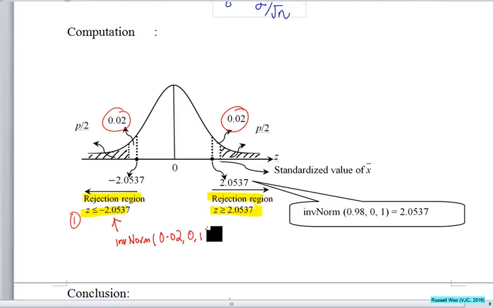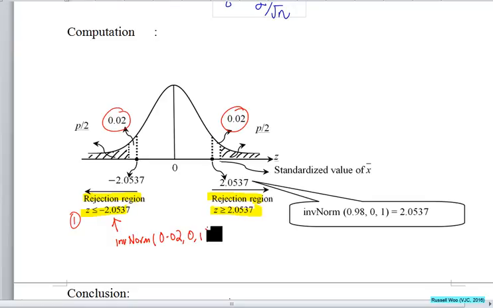So you want to find lower bound area 0.02, you inverse norm 0.02, mean 0, standard deviation 1, you get that. How do you get 2.05? Actually, by symmetry, you just take the positive number. Don't even need to repeat this. But if you want to check, you can check. So clearly, we can find the rejection region like that. Actually, that's all we need.